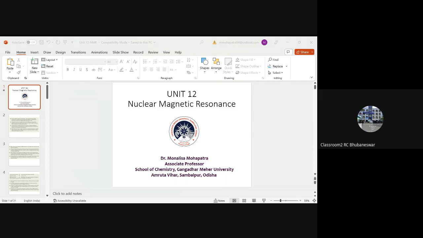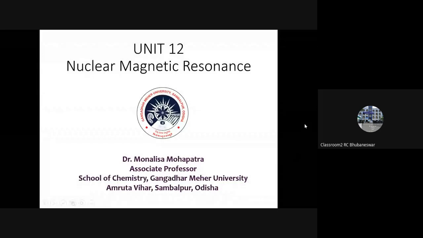So today we'll start with the next unit, that is nuclear magnetic resonance spectroscopy. Till now, up to our 11th unit, we have completed many molecular spectroscopic techniques as well as some atomic spectroscopic techniques.